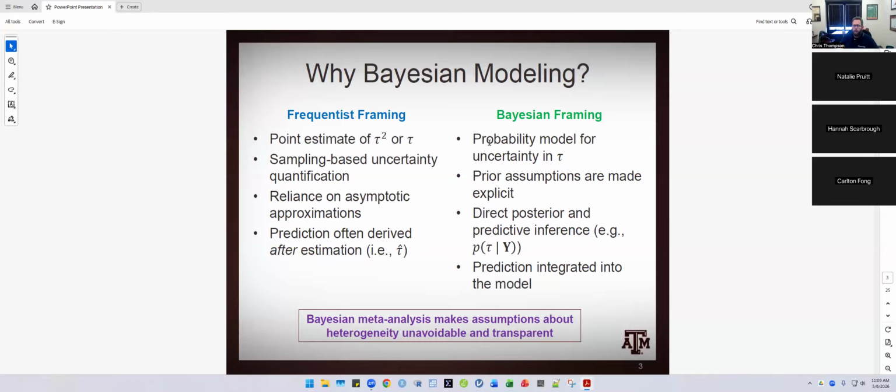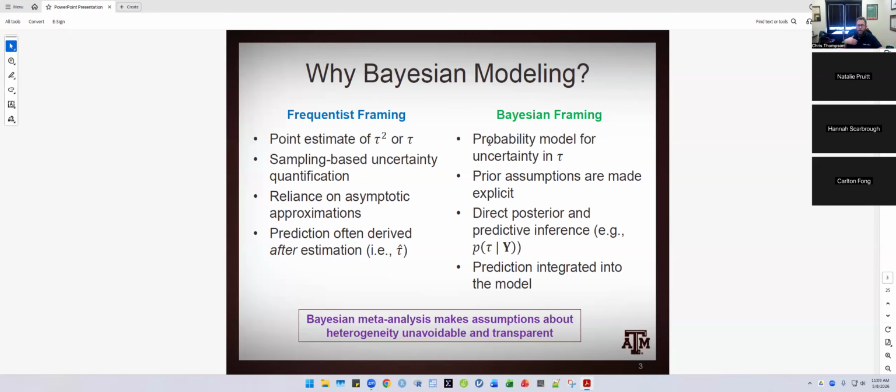And instead of estimating a point estimate or just a scalar value for tau, we look at a whole distribution of values of what tau can be.